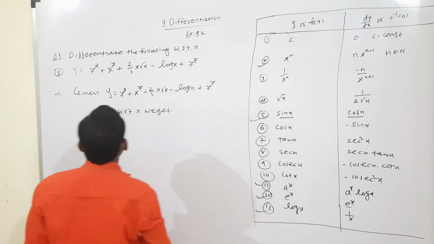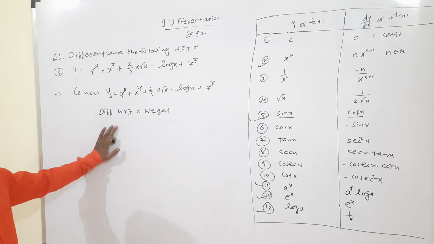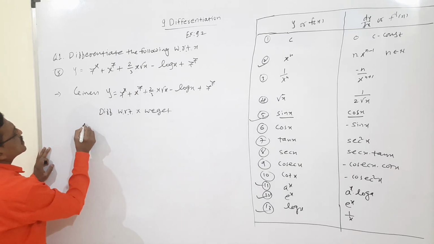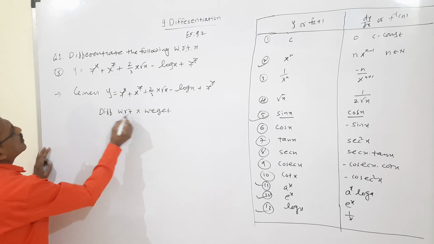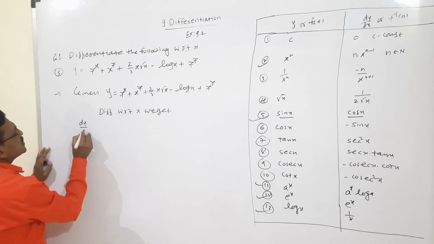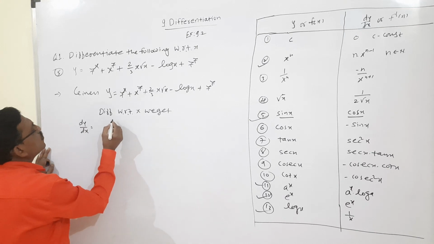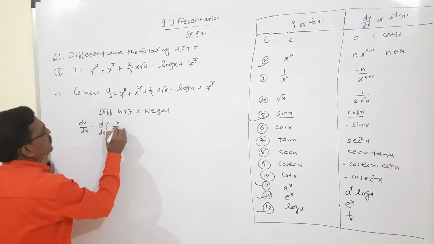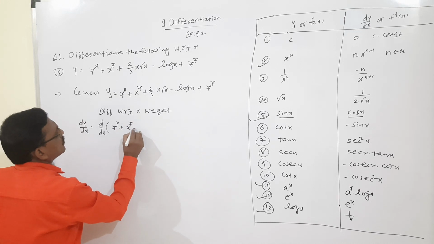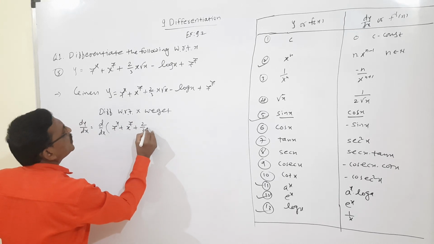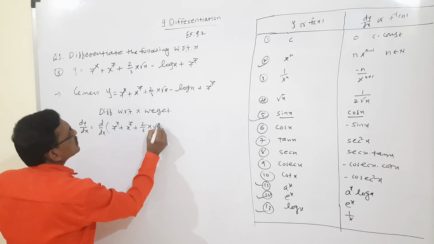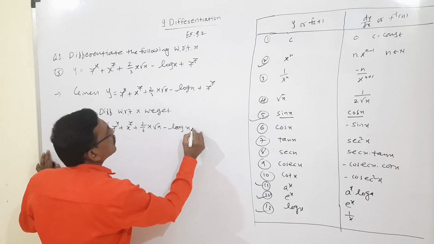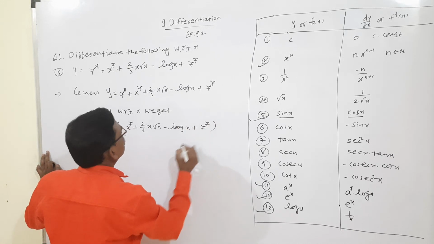We will differentiate this function with respect to x. So the derivative of y with respect to x, dy by dx, is equal to the derivative of 7 raised to x plus x raised to 7 plus 2 by 3 into x root x, then minus the logarithmic function, then plus 7 raised to 7 constant function.